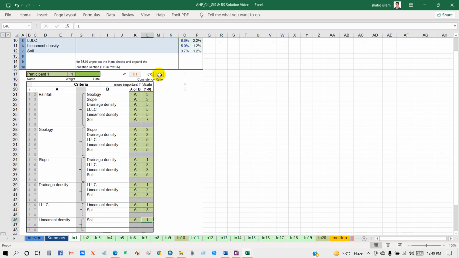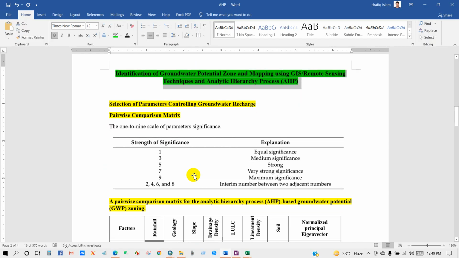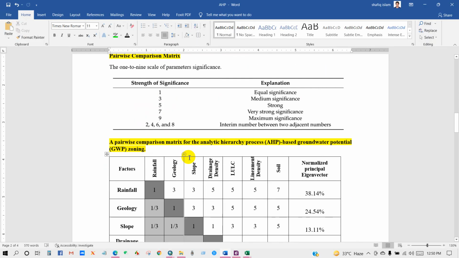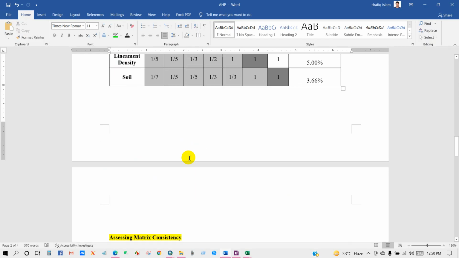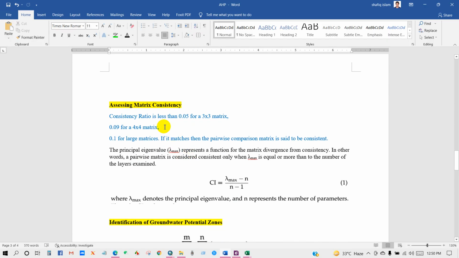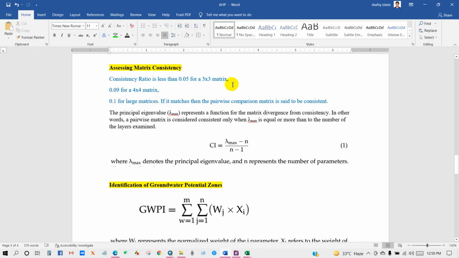And here is the consistency ratio. For consistency ratio, you have to keep in mind that the consistency ratio should be less than 0.05 for a 3 by 3 matrix, 0.09 for a 4 by 4 matrix, and 0.1 for a larger matrix.